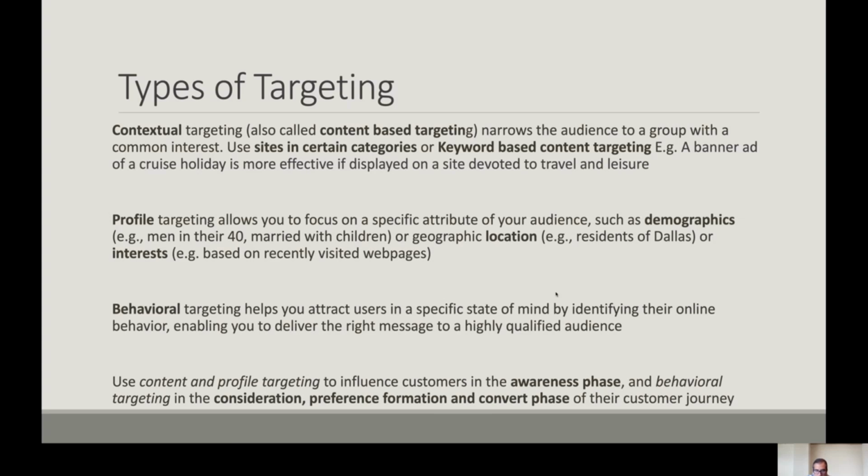And this is very powerful because, let us say that somebody is interested in travel or leisure, but currently they are not visiting a site which relates to travel, and instead they are visiting a site that has content specific to finance. But if somehow we could identify that these people had previously visited a website which is related to travel, that means that they have an interest in travel.